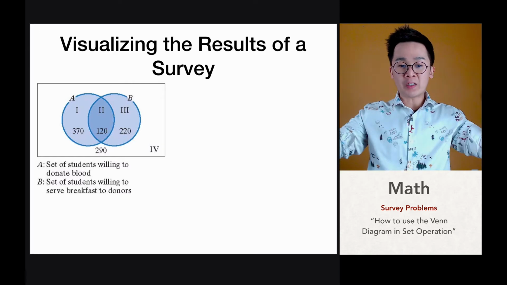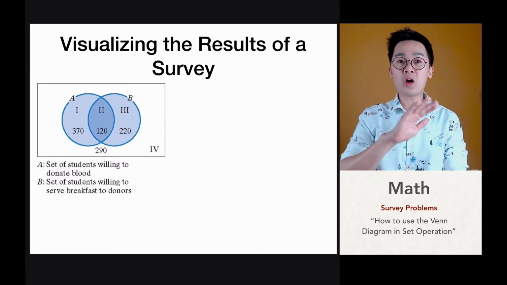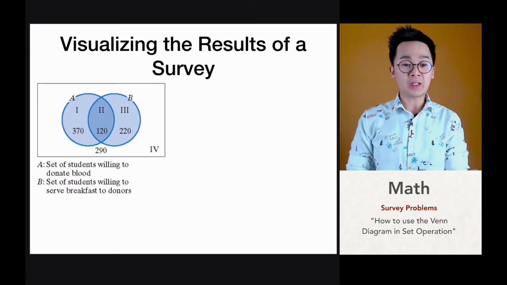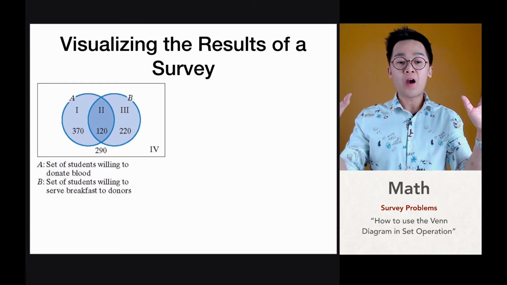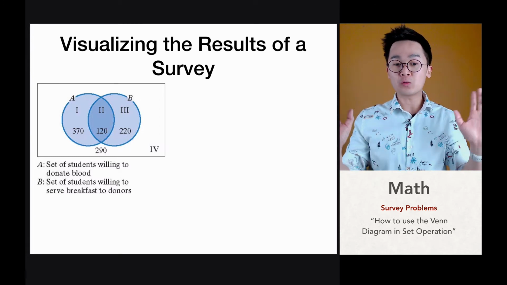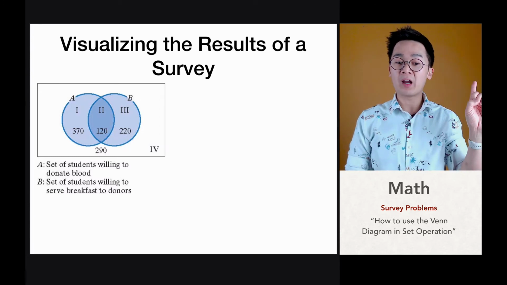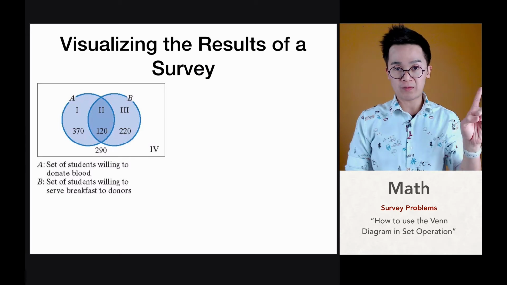And in your union sets, you'll see that there's 290 students who are in group 4, which means they are neither in subset A nor subset B, or these are the students who don't want to donate blood and don't want to serve breakfast.